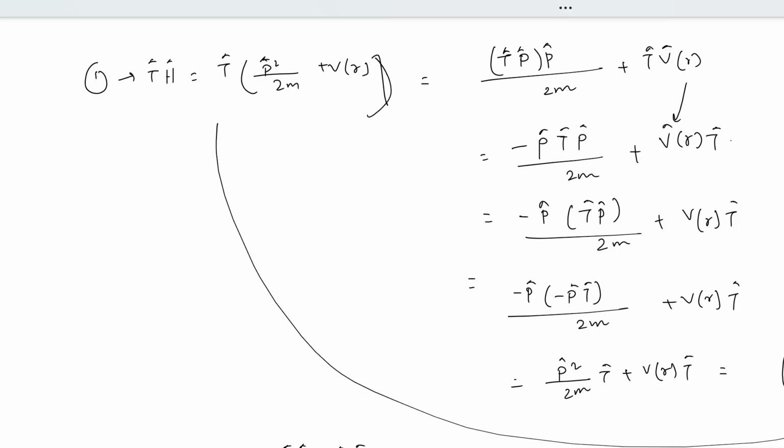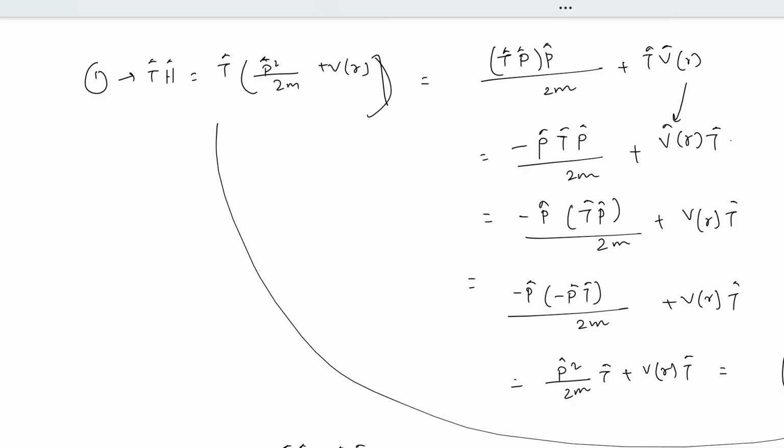That means the Hamiltonian remains unchanged under T. So the statement of this problem was whether the Hamiltonian remains unchanged under this time reversal operation. That is true, because whenever you satisfy a commutator bracket relation, that means in whatever order you take those two operators, the result does not change. So whether you take your Hamiltonian first and then operate your time reversal operator, or you first time revert the state and then operate by the Hamiltonian, you will be obtaining the same result.